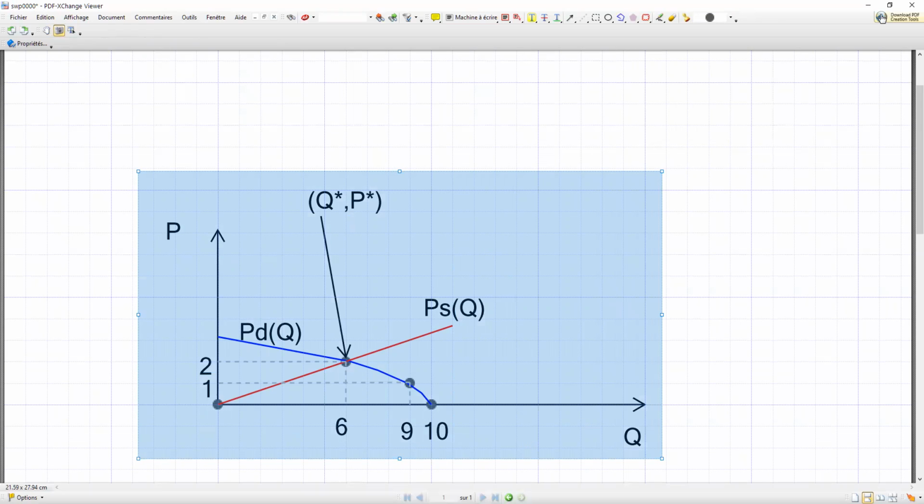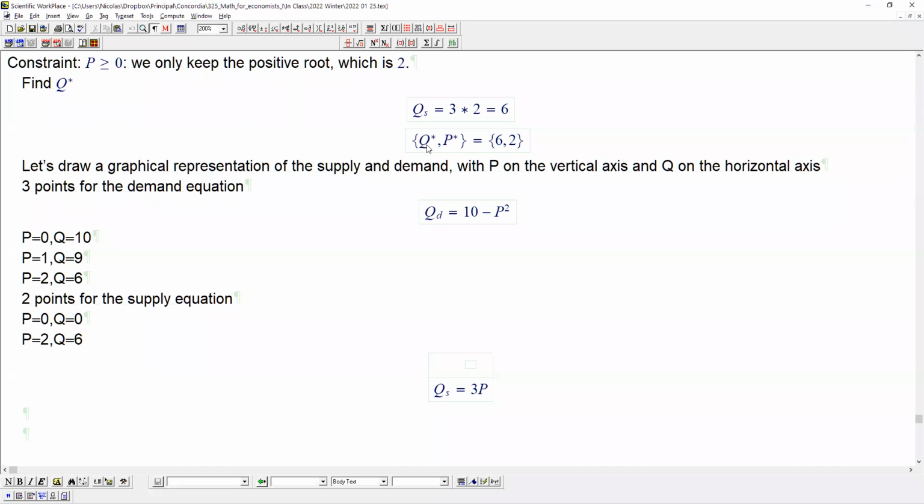All right. So going back to our class. Yeah, that was silly. It's not a set, it's an ordered pair. Sorry about that.